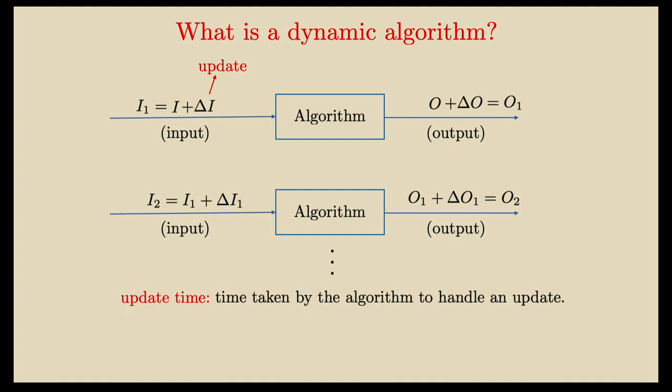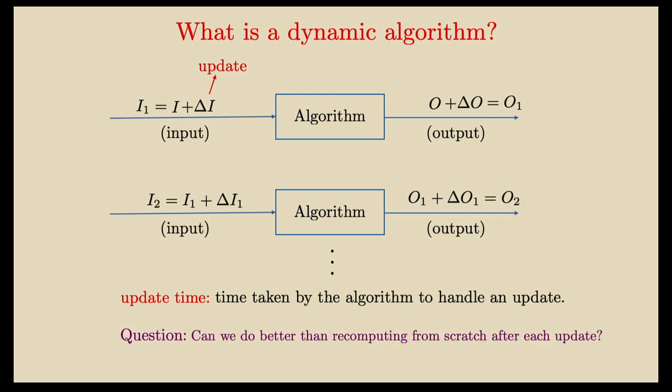Now, we say that the update time of an algorithm is just the time taken by it to handle an update, and we want an algorithm with as small update time as possible. Now, if you think of this setting, you will soon realize that there is a naive answer to this question.